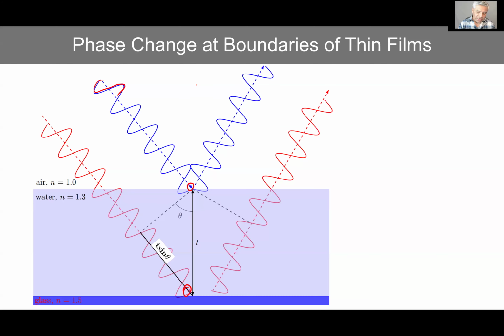You can think of this as the same wave, part of the same wave: one that gets reflected, another that gets transmitted. I'm drawing in two places to visualize it better, but you can think of both entering from the same place if you like.